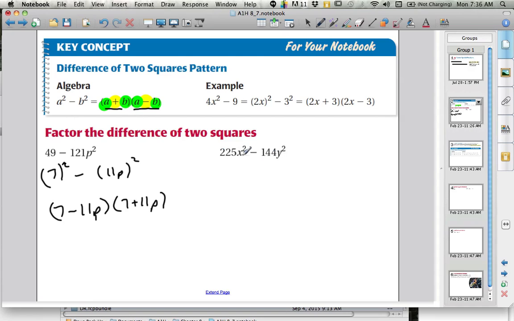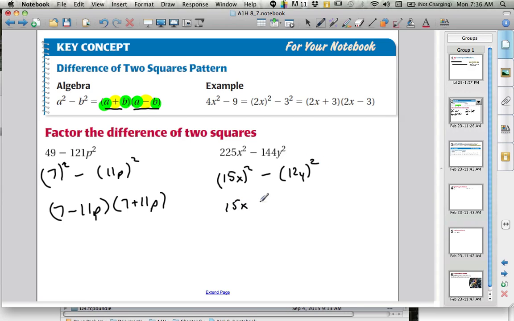Okay, if we look at this one, 225x squared is what? Well, it's 15x squared. And what makes 144y squared? Well, that's 12y squared.